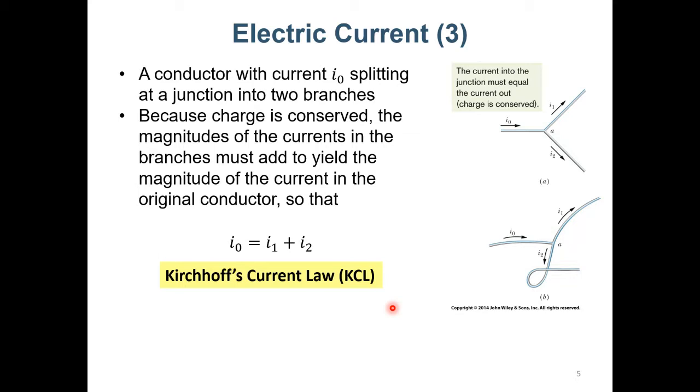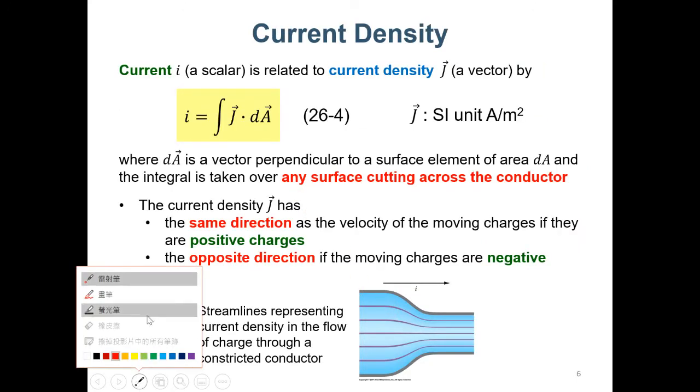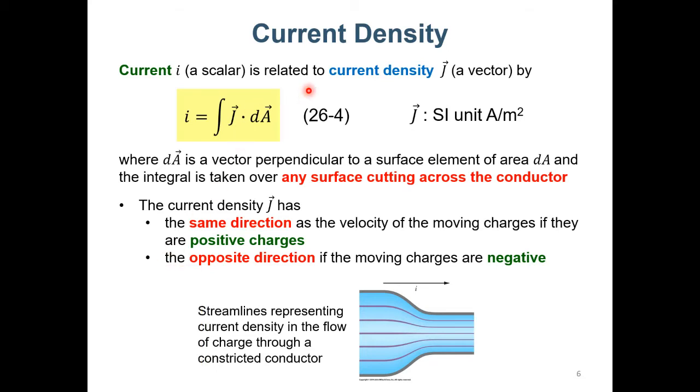So you can add up all the current going into a node, which is equal to the current going out from the same node. And here we define another variable called the current density. But this is different.